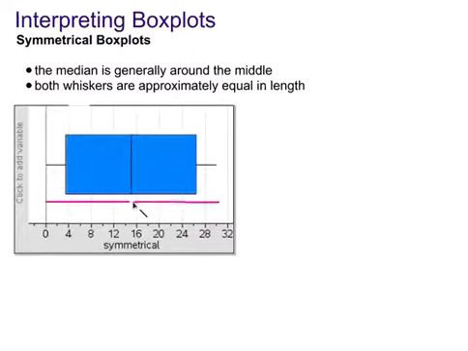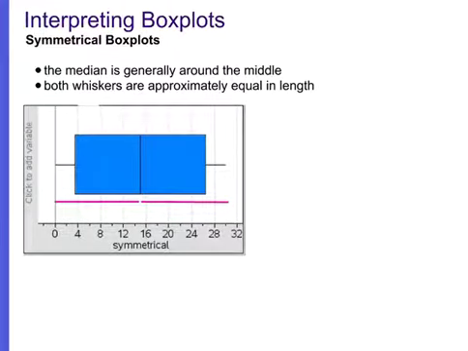If you're chopping the data in the middle at the median, both sides are approximately the same. The distances from the median to Q1, median to Q3 and Q3 to the maximum can change a little bit, but basically the length here is approximately the same as the length here if our data is symmetrical.